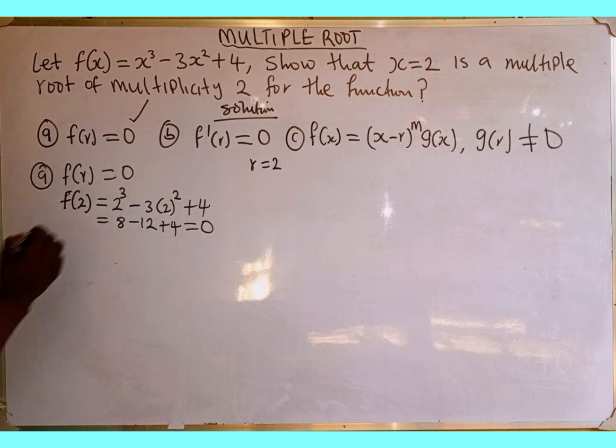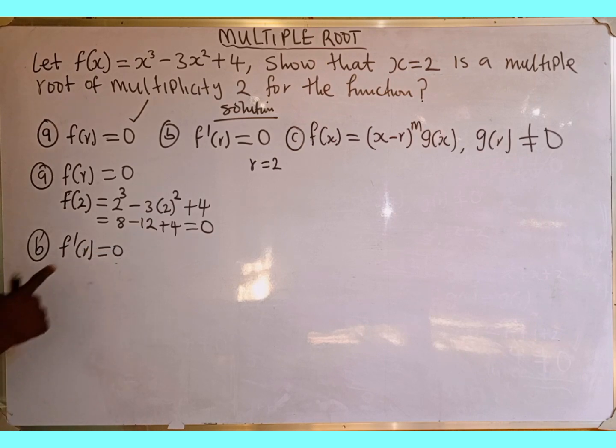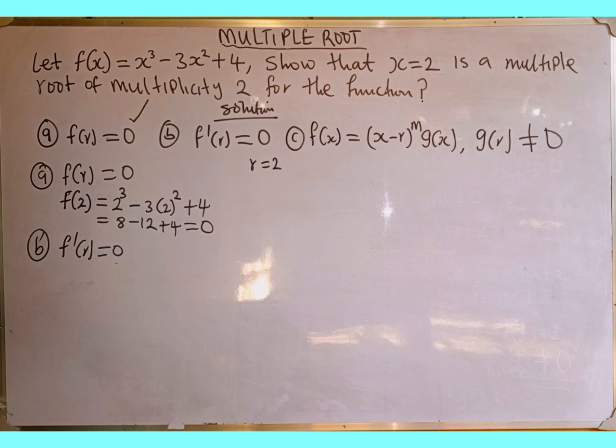Now let us check the second condition, number B, which says f prime of r is equal to 0, where r is equal to 2. And this f prime means the first derivative. We are going to differentiate this function once, then we replace r to be 2, and anywhere we see x, we are going to substitute 2.